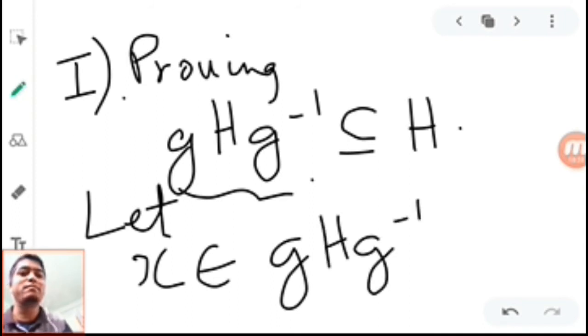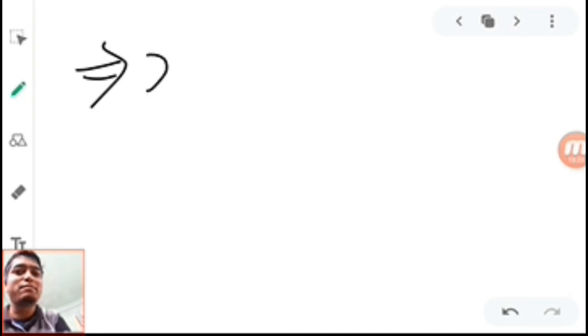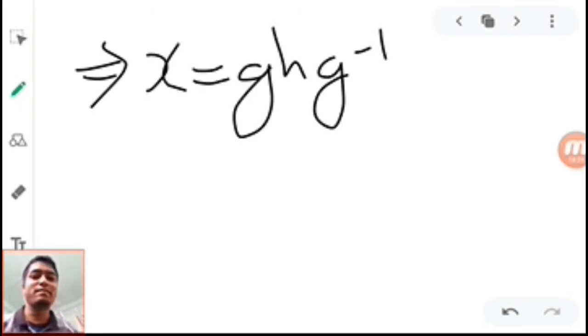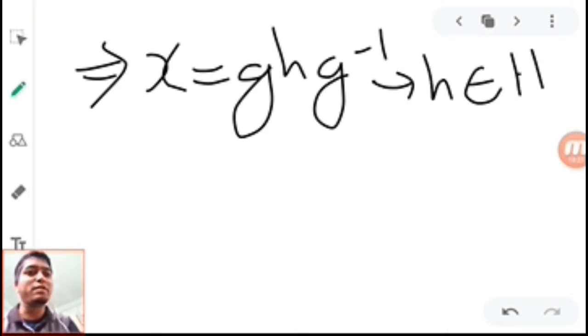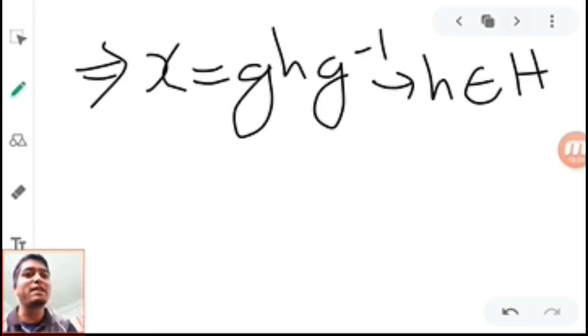Let X belong to G capital H G inverse. Since X belongs to that, we can write it as G h G inverse, where small h belongs to capital H. We can easily replace that capital H by small h, so that it is an element and no longer a set.